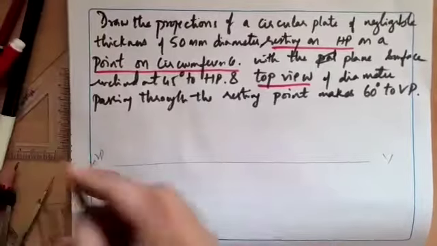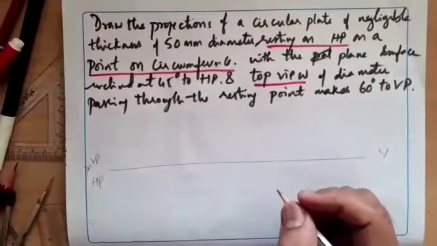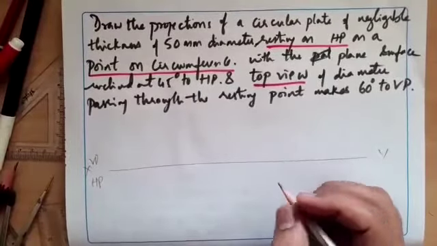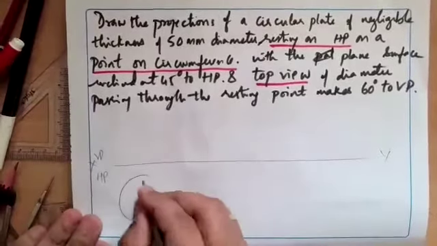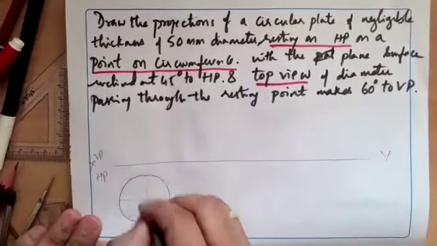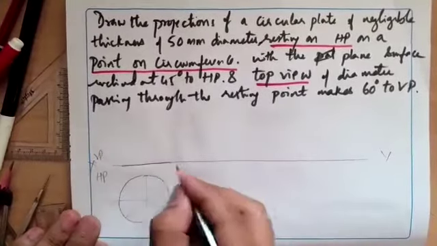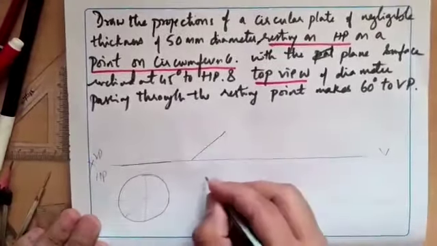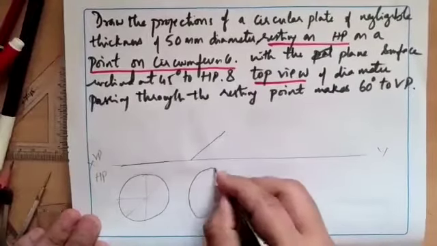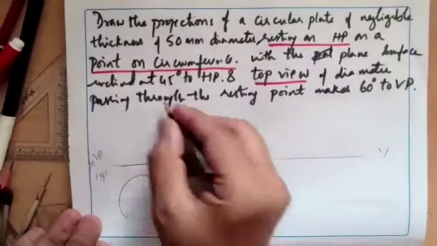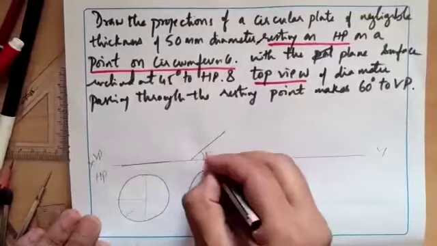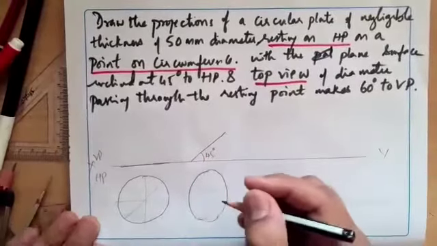Anybody? On HP. See, I'll draw a circle on HP, divide the circle into any equal number of parts, draw the front view and shift the front view to the new location where you get an ellipse. That is what this condition says, where the whole surface is inclined at an angle of 45 degree to HP.